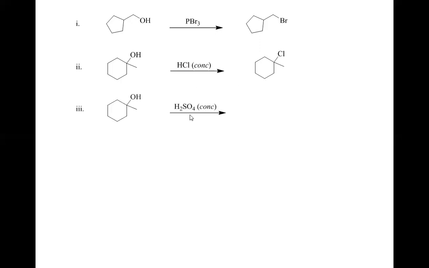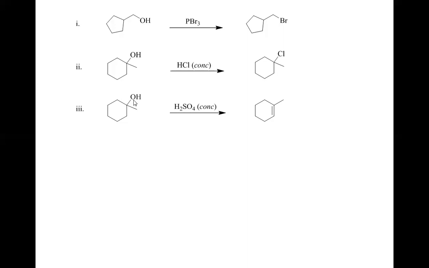For part 3, we have sulfuric acid, and this time we will not have the replacement of OH with the sulfonic group. Rather, we will have elimination and an alkene will be formed. Because sulfuric acid, although it is an acid as the name suggests, is also a dehydrating agent.